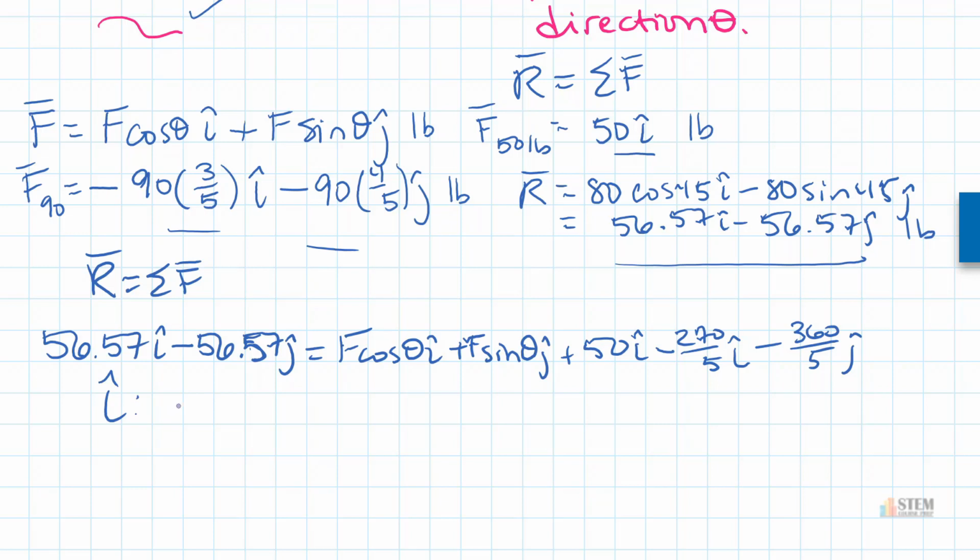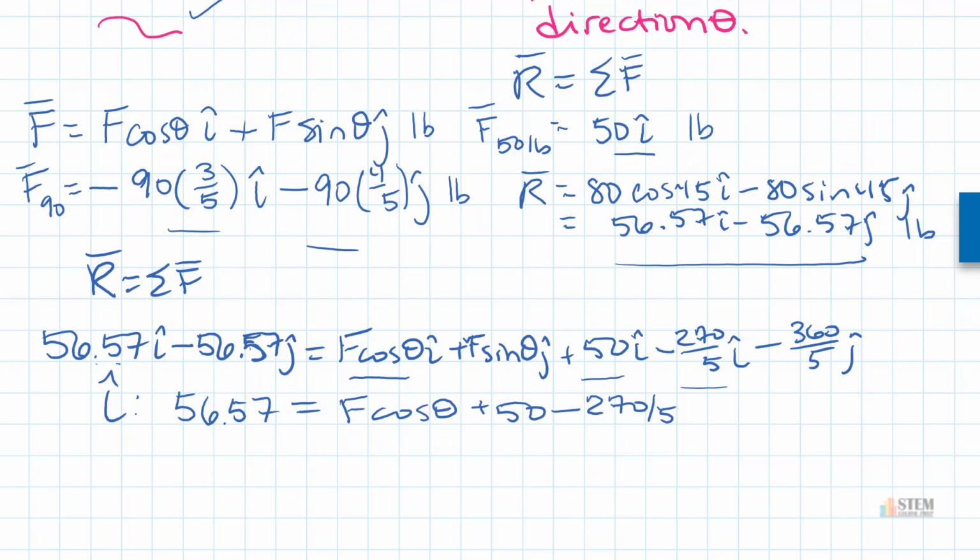On the left side for our i component, we're going to have 56.57 from this right here. And then we want to pull off the i components on this right side, so that's that one, and that one, because all of the x direction force components go together. So then we end up with that.